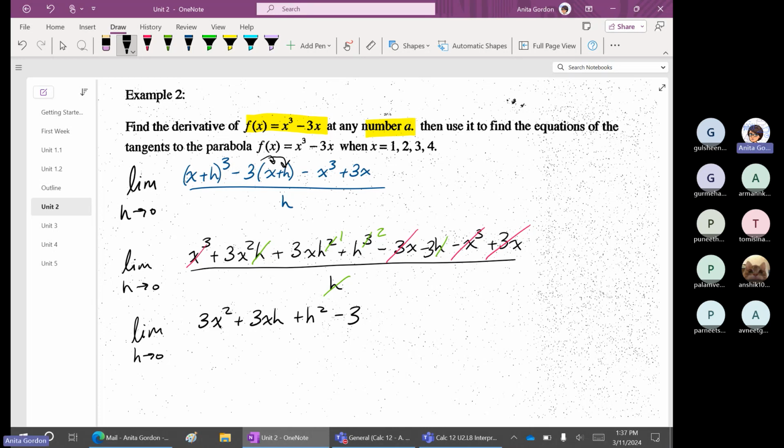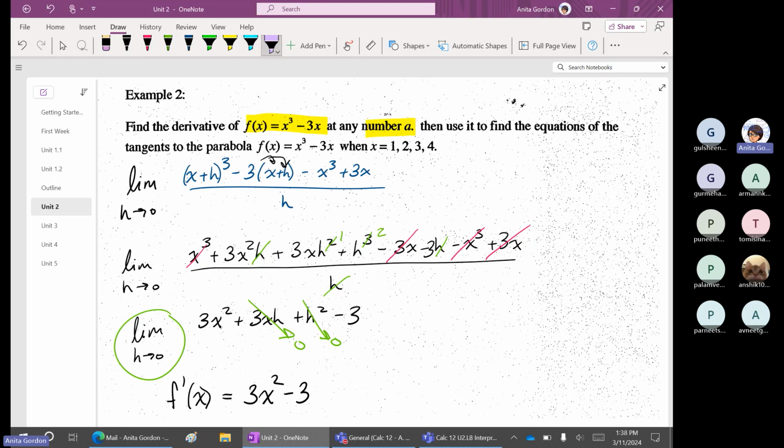So the h's go to 0, right? Now I do the limit, so I let them go to 0 using direct substitution because I've eliminated my restriction. So this means that f prime at any given point is 3x squared minus 3. So the slope to the curve at any given point is 3x squared minus 3.